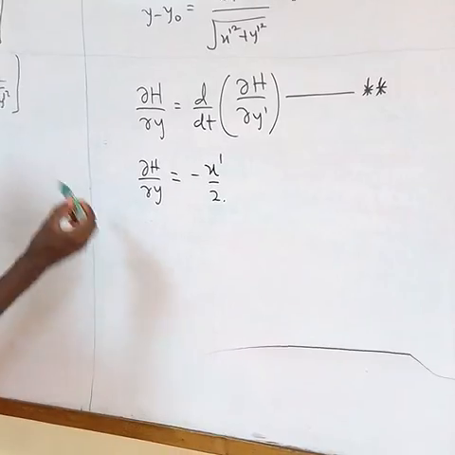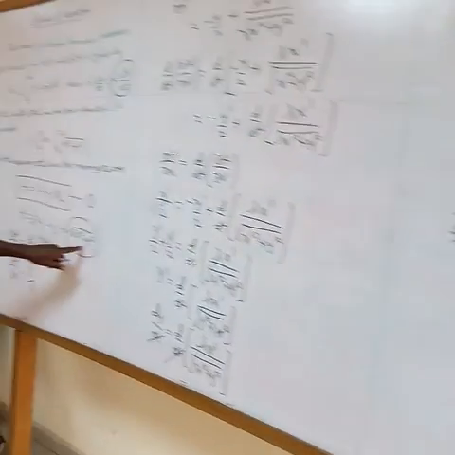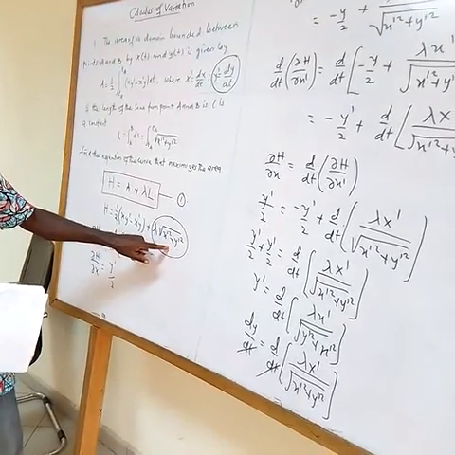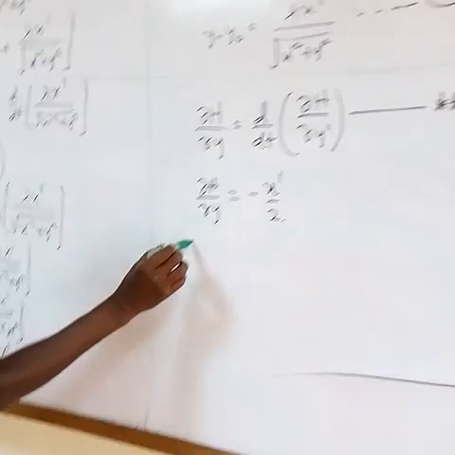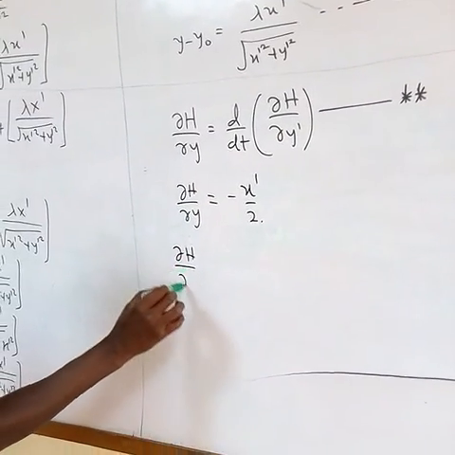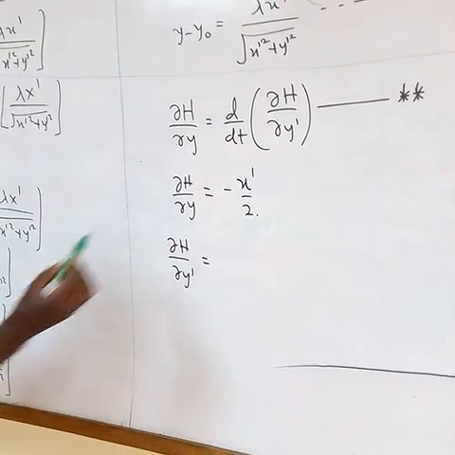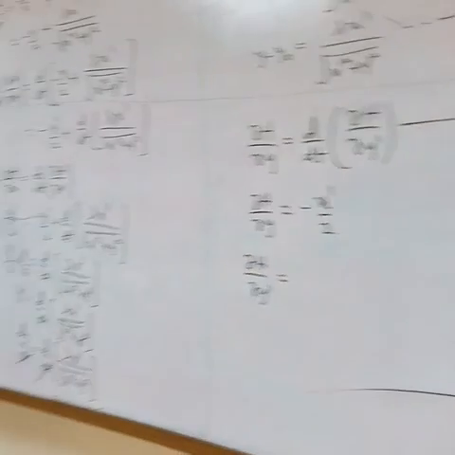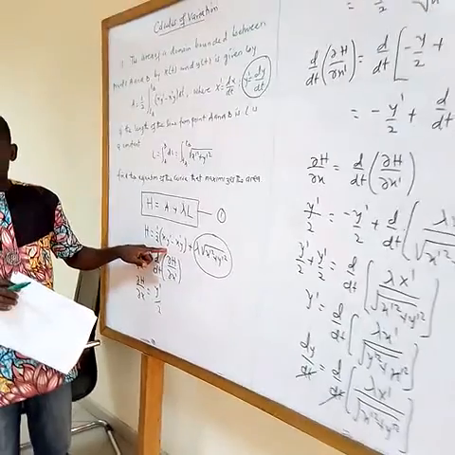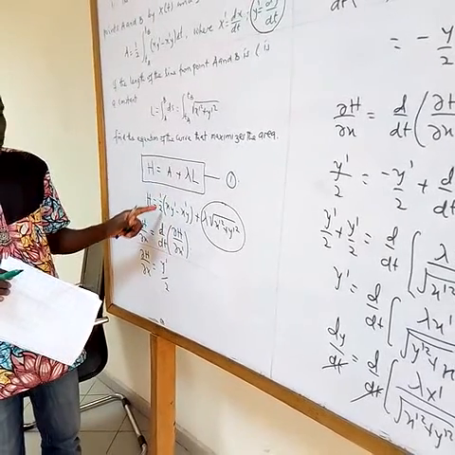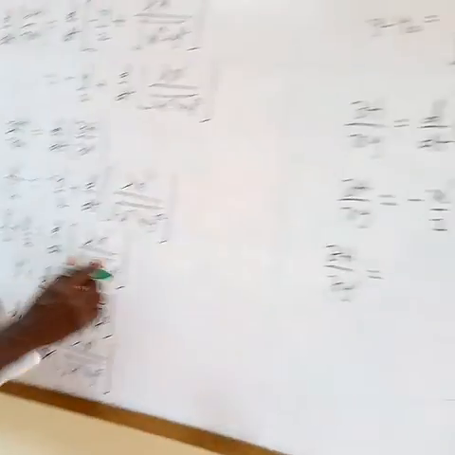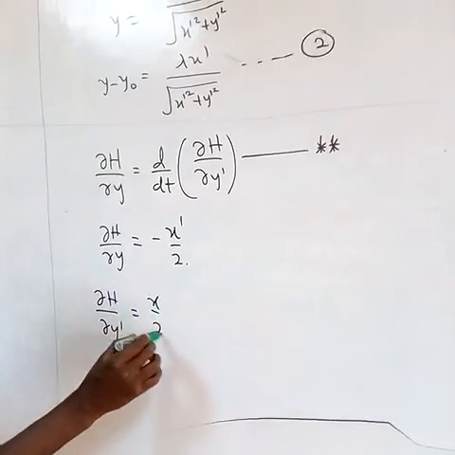And on the other side there is no y, there's only y prime here. So what is partial of h, partial of y prime? From here we have y prime, here we have y prime. So by the time we differentiate this, we are going to have x over 2.